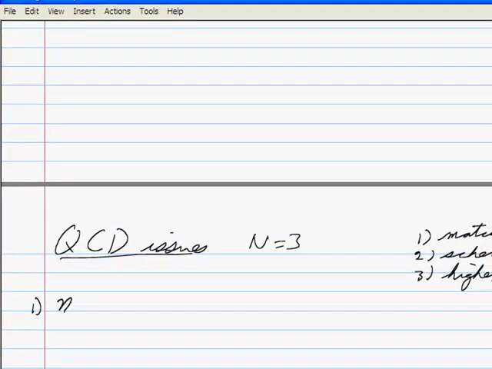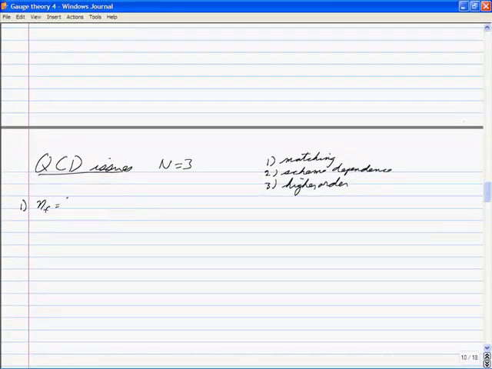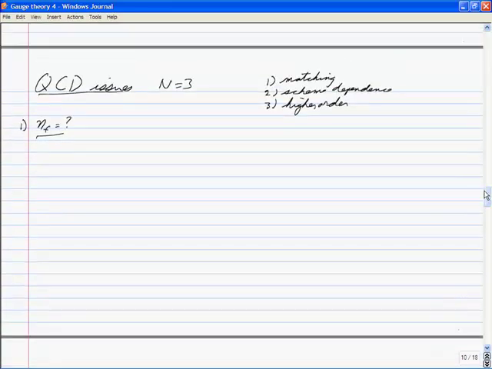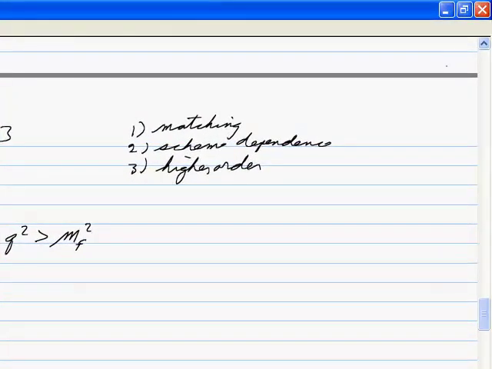So first, we call it matching, but it's basically the question of NF equals what? What should you use? The physics here is that the formulas that I've gotten imply that Q squared is bigger than the mass of a fermion.